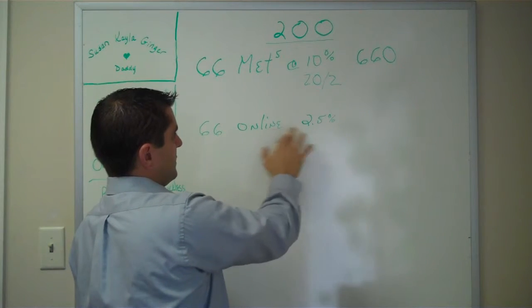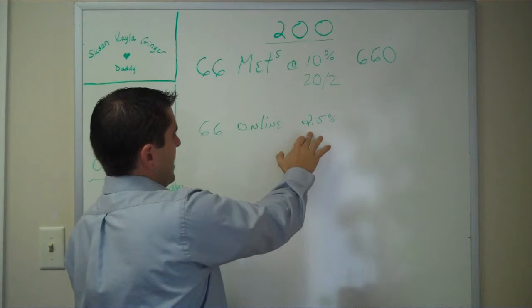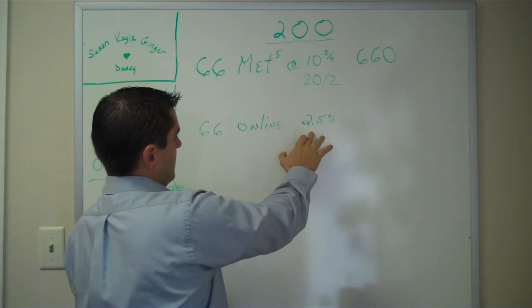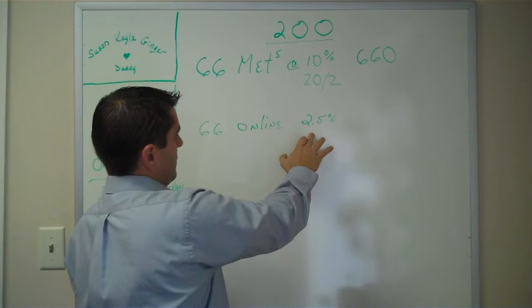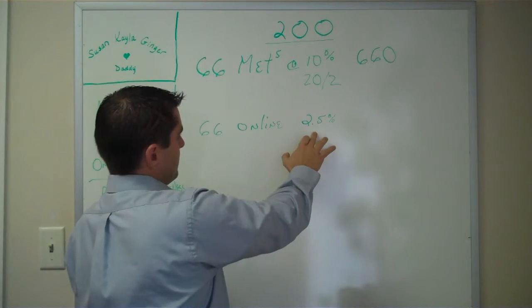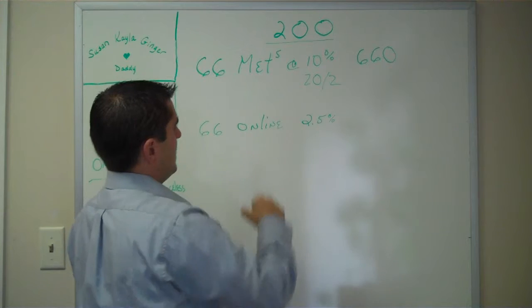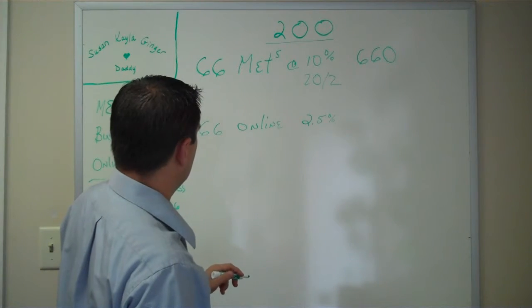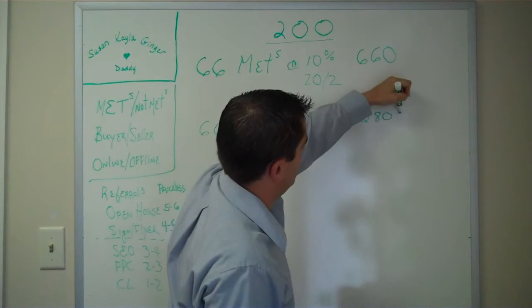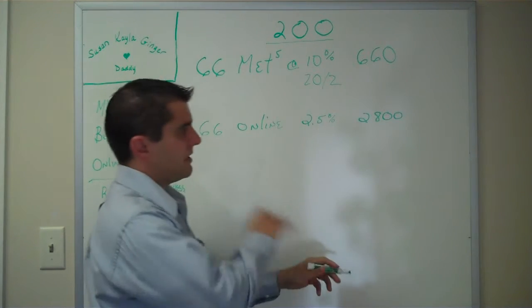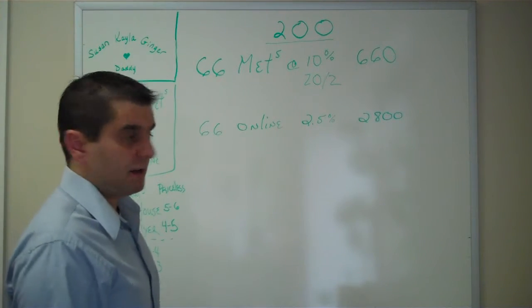So 66 divided by 2.5 is about 28. So you need 2,800 online leads, and I divide everything by 10.